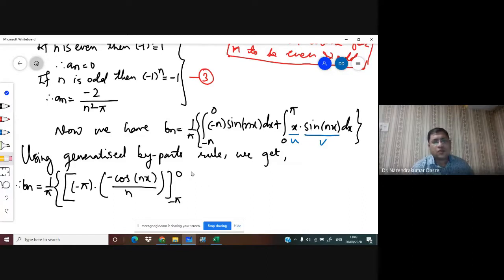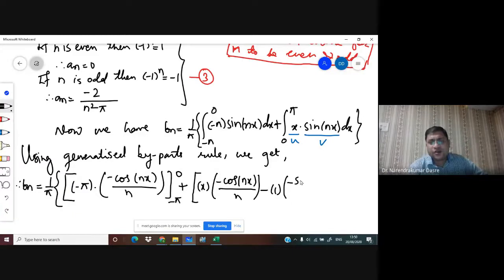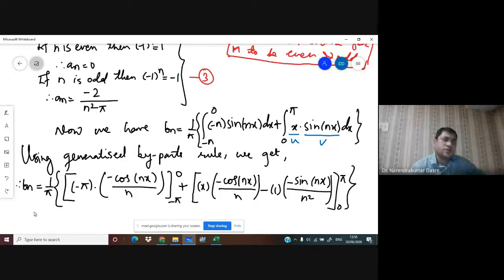Now we have to think of the next integral. So plus, you have to use the u into v rule for this. So x remains as it is, minus cos of nx upon n, minus the derivative of x, which is 1, and here we have minus sine of nx upon n square, and the limits are 0 to pi.